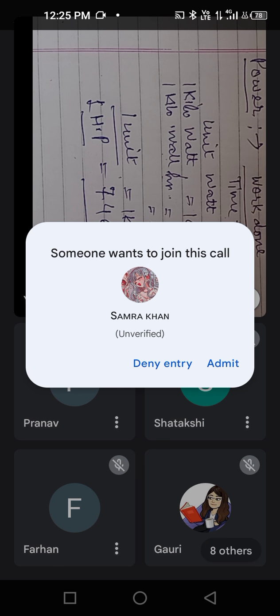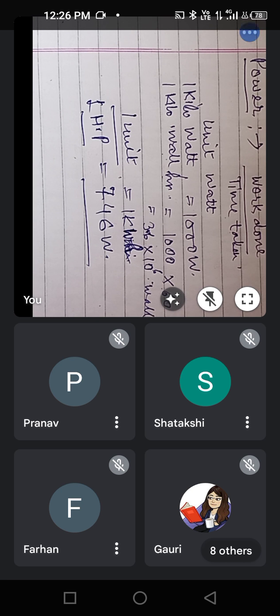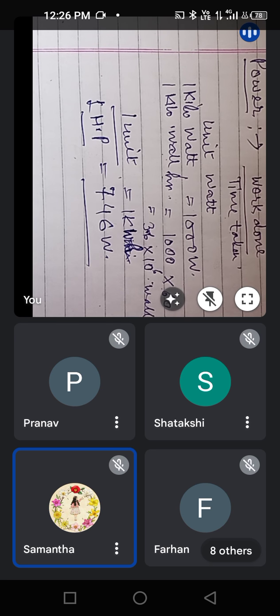Calculate the power of the pump. Take g equal to 10 meter per second square.